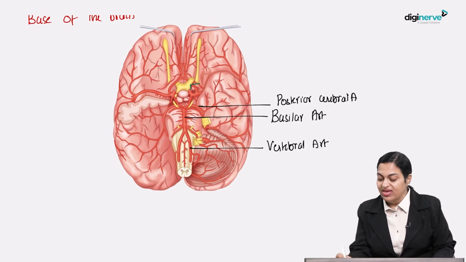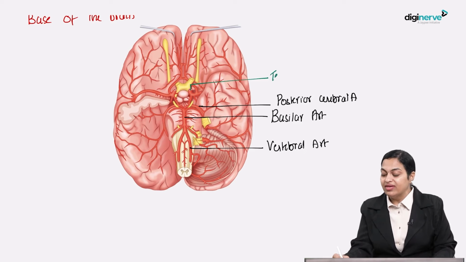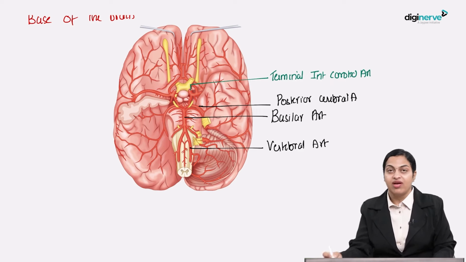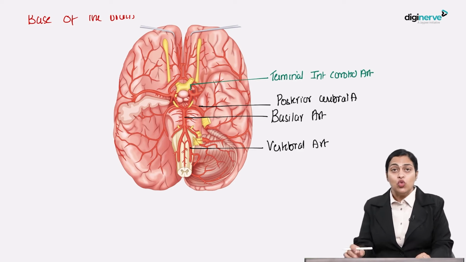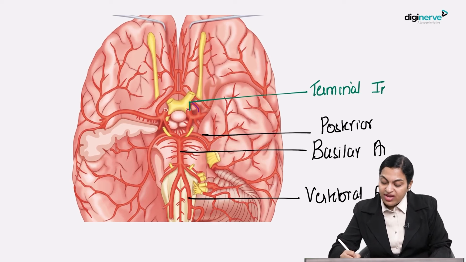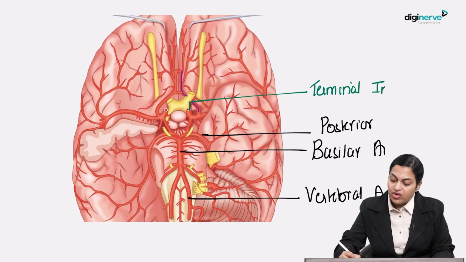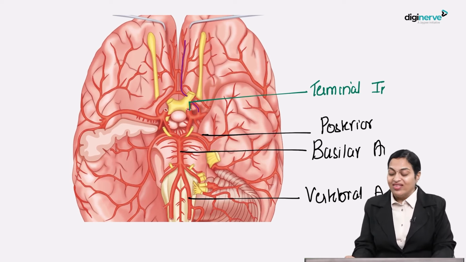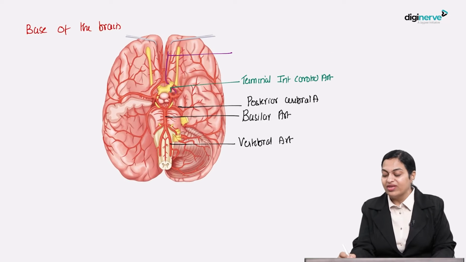And this is the terminal part of the internal carotid artery. The terminal part of the internal carotid artery is going to give rise to 2 terminal branches. This one that you see here, arising from the internal carotid and going anteriorly, is the smaller terminal branch of the internal carotid. We call it the anterior cerebral artery.